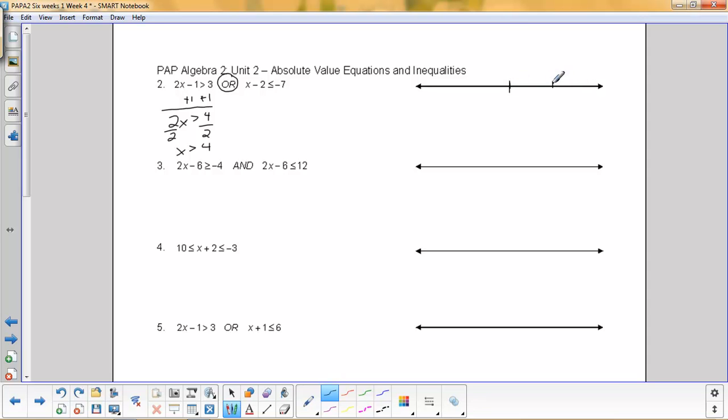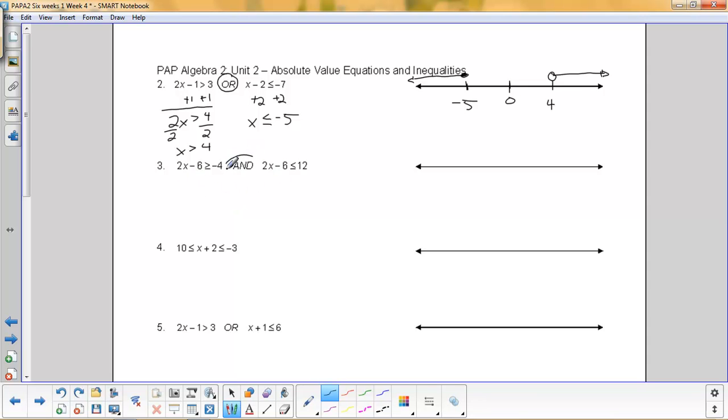So I'm going to put a 2 here. Put an open circle here, and that going in a greater than direction. Add 2 to both sides here. X less than or equal to -5. That'll be 0. Closed circle, arrow moving in this direction like so.